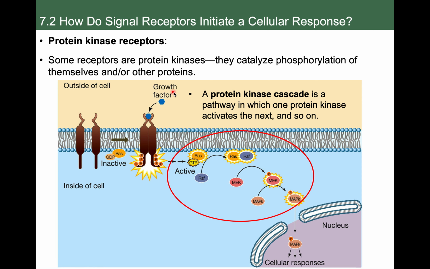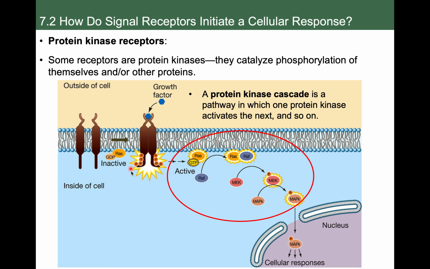And we can see in this case the signaling molecule is a growth factor. Once that receptor is activated, now it's going to start collecting phosphate groups. Since it's a kinase and it wants to add phosphate groups to other molecules, it needs some phosphate groups to be able to do that.